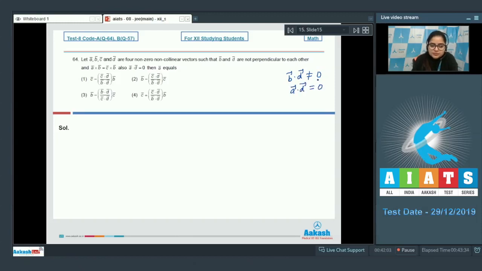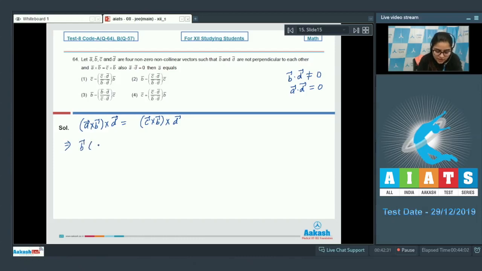Then a equals? So this is given, a cross b is equal to c cross b. So just cross multiply both sides with d vector. And this is a vector triple product, and you know how to calculate it.